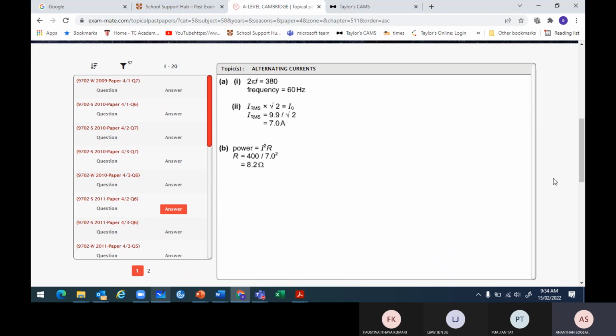The biggest problem in this topic is whether RMS or peak value is to be used. If they say average, RMS. If they never say anything, still RMS. Only when they say peak, then you use the peak value.